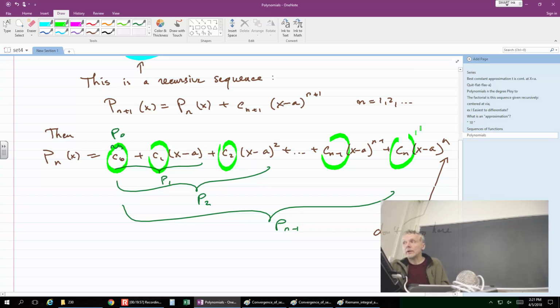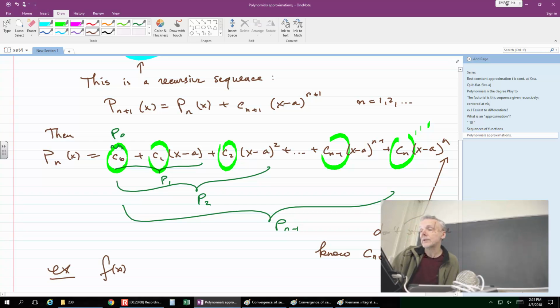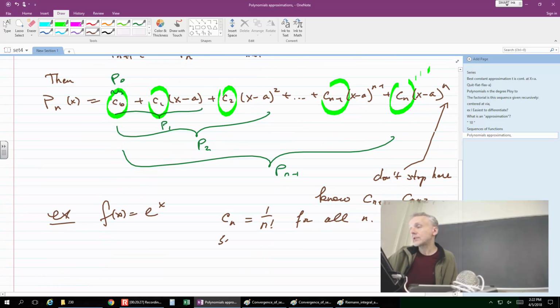Keep going. We still know them. We also know c(n+1), c(n+2), and on and on. Just as an example, once again, if f(x) is equal to e to the x, then c0, c1, what is that formula? cn is equal to 1 over n factorial, for all n. So in other words, it is a sequence.